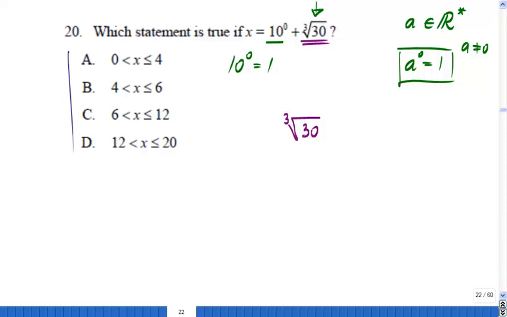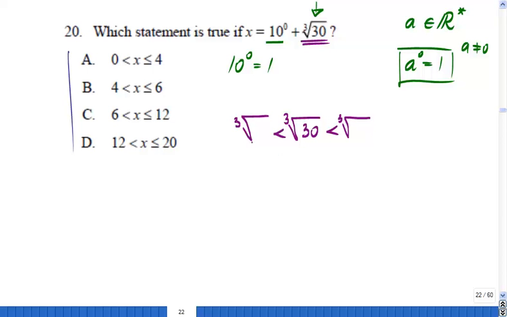But I know that a number that's less than 30 and is a perfect cube will have its cubic root less than the cubic root of 30, right? And if there is a number that's a perfect cube that's greater than 30, its cubic root will definitely be greater than the cubic root of 30.